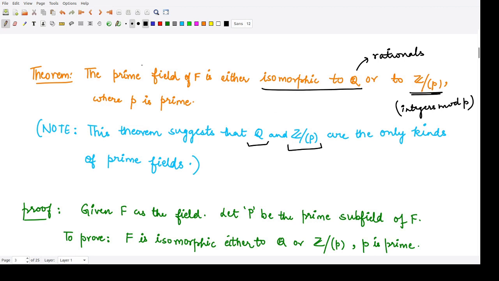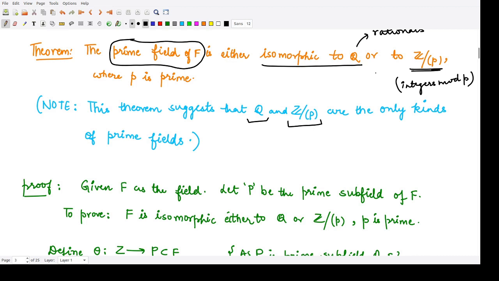We have to prove that any prime field of F is isomorphic to either Q or to the integers modulo P. So for that, we are assuming that F is the given field, and we are assuming that P represents the prime subfield of F. Now we have to prove that this P is either isomorphic to the field of rationals, or isomorphic to integers mod P. So this is our aim, and this is what we are to prove here.